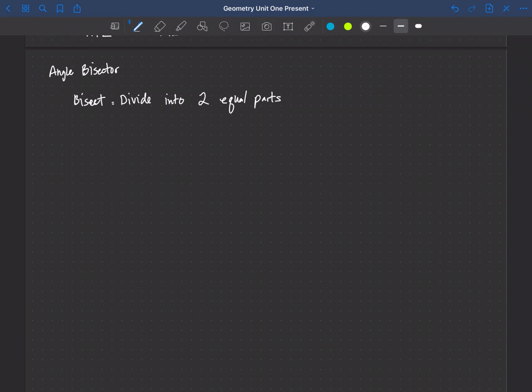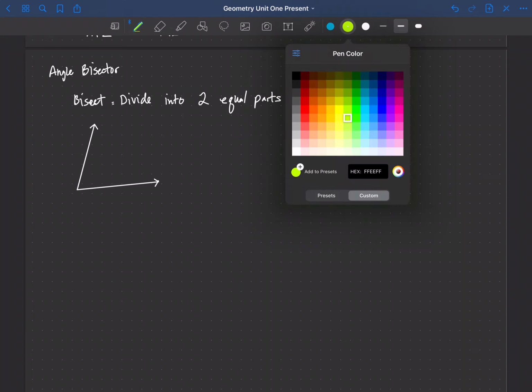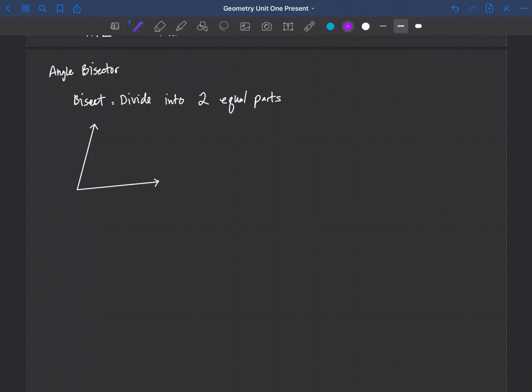So, for example, let's say we had a single angle. Okay, and we had a bisector. So a bisector, if it's split in the middle, would mean that it would have to be a line that's somewhere in the middle. So let's say we had a line going straight down from the vertex outward.